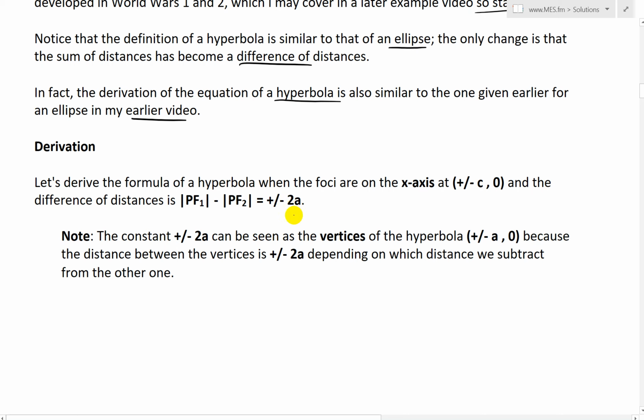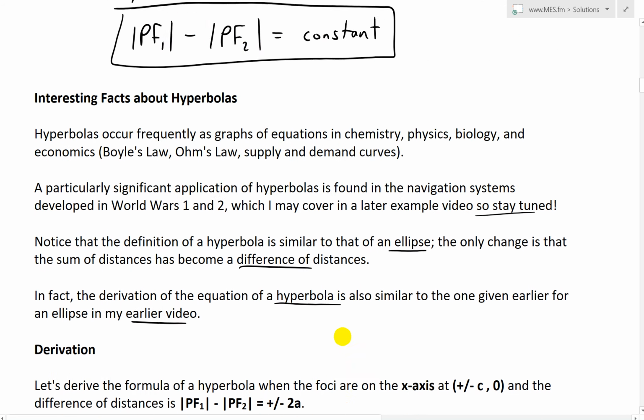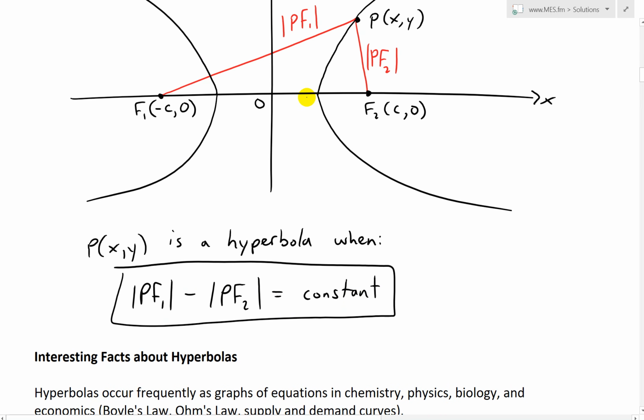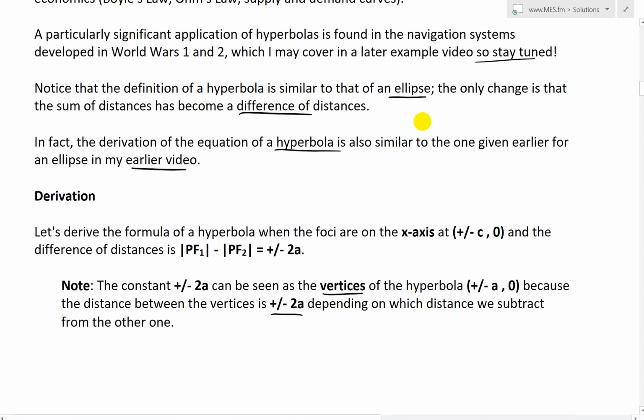Note the constant plus or minus 2a can be seen from the vertices of the hyperbola, in other words plus or minus a and 0, because the distance between the vertices is 2a depending on which distance we subtract from the other. I'll explain that right now.